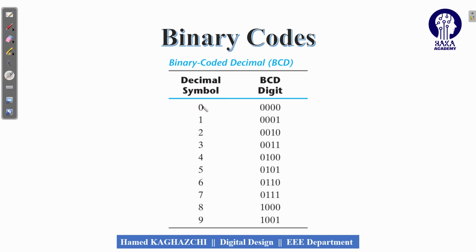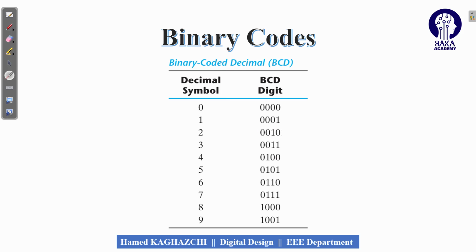For example, if we want to represent 0 using 4 bits, we will have something like that. If we want to represent 1 using 4 bits, we will have 0001. And for the 2, for example, 0010 is the 2.